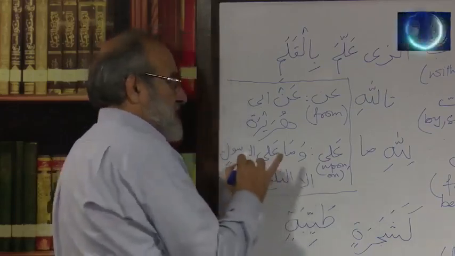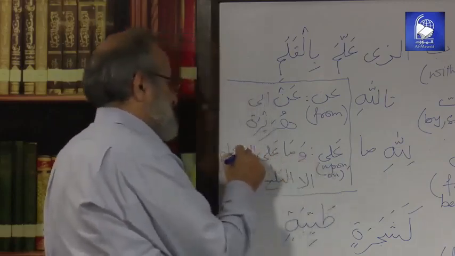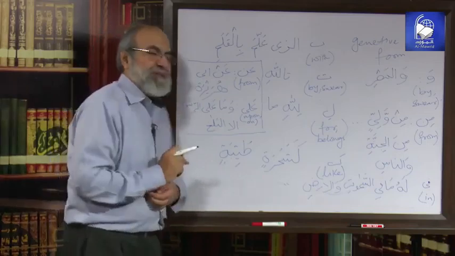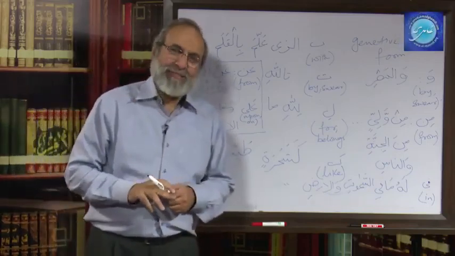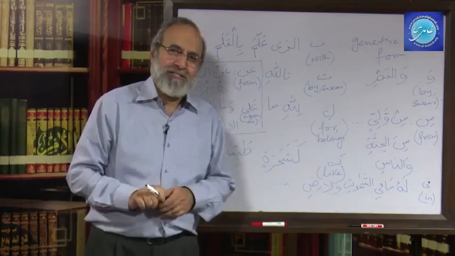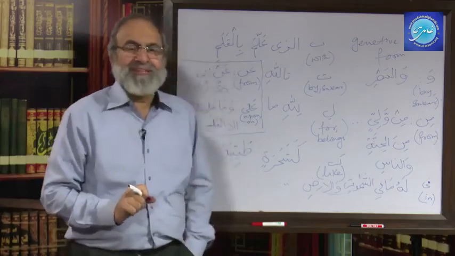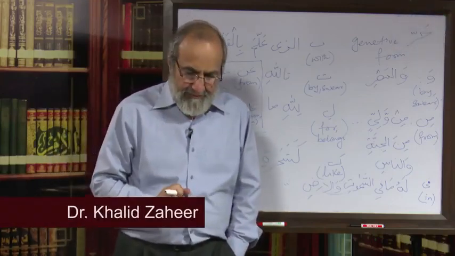So there is no responsibility on the messenger. So ala comes before ar-rasul, and what it has done is that it has caused ar-rasul to take the genitive case, which is Jar Arab.